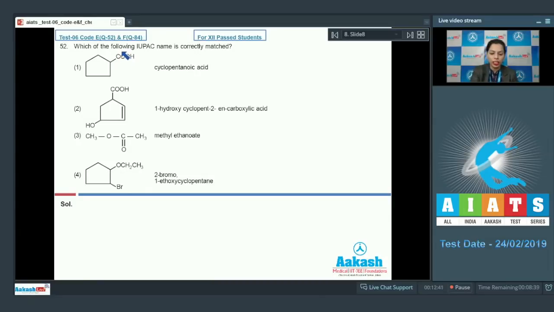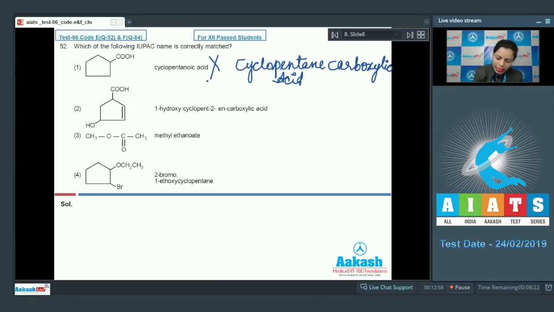Its name should be cyclopentane carboxylic acid, not cyclopentanoic acid, because in this case, the carbon of the carboxylic acid is not part of this ring and it should be counted separately. That was not done in this case. That's why this name is incorrect. The correct name should be cyclopentane carboxylic acid.